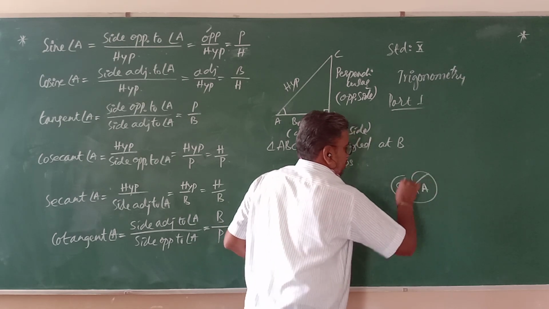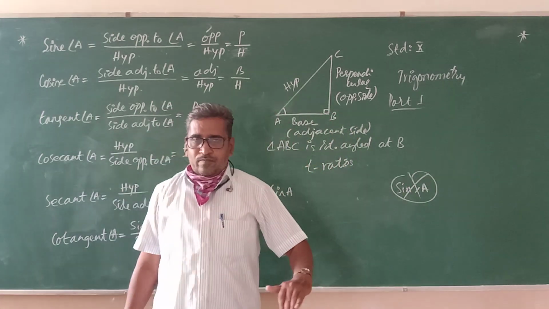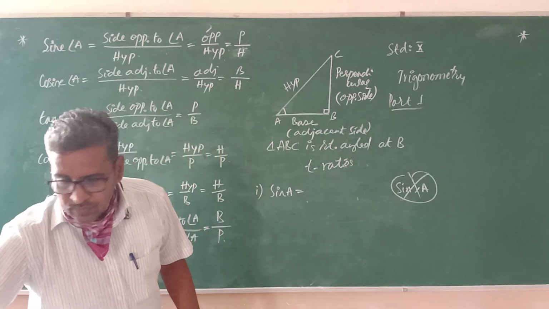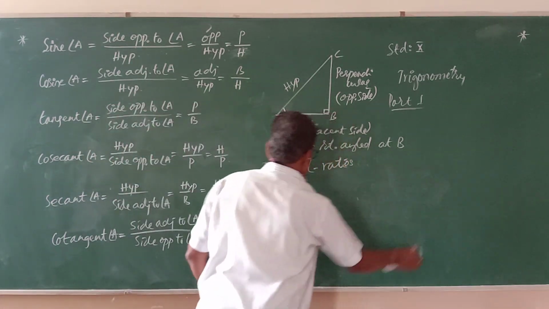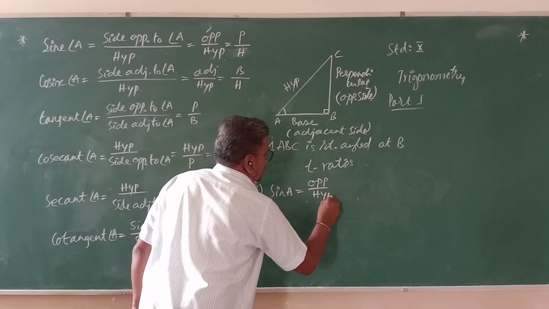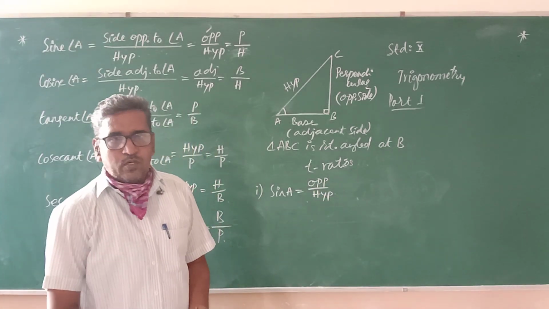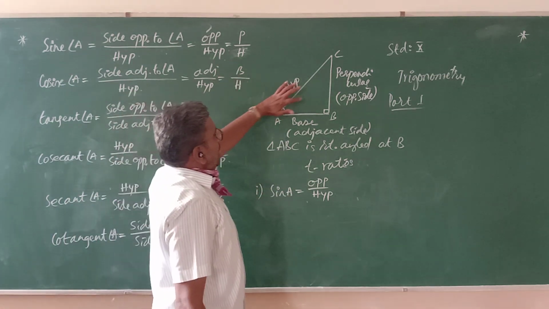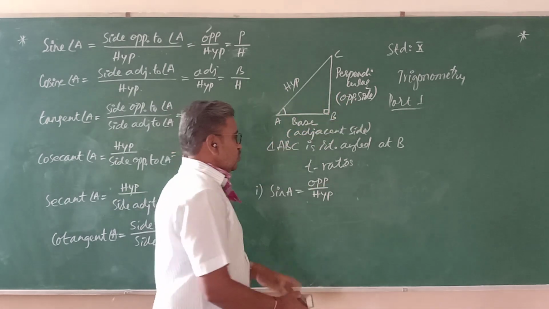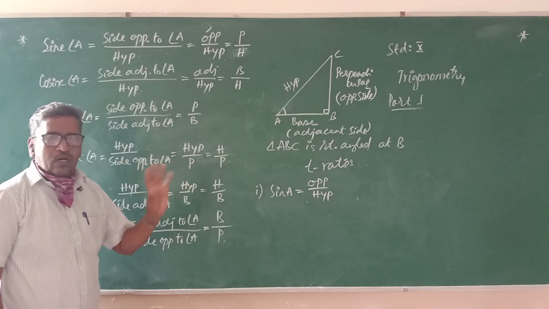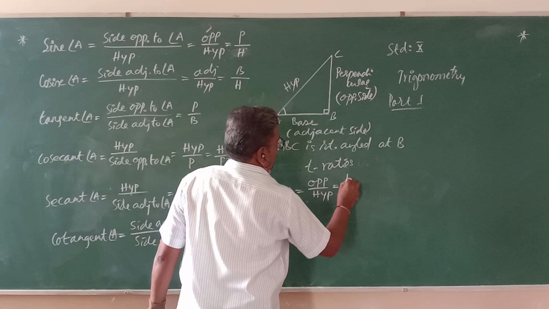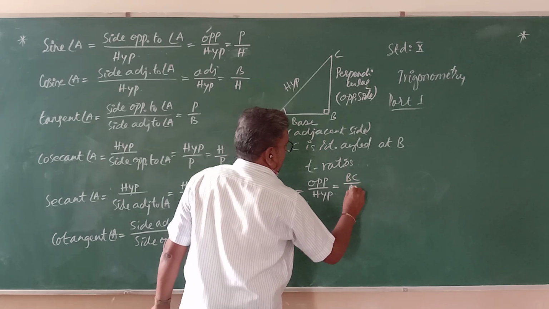You have to read it as sine of angle A, which is equal to opposite by hypotenuse. In this we have to remember opposite by hypotenuse, P by H. Sine A equal to opposite upon hypotenuse, that is here BC by AC.